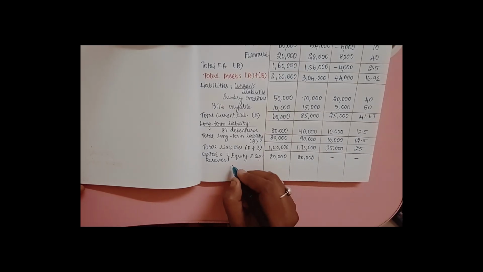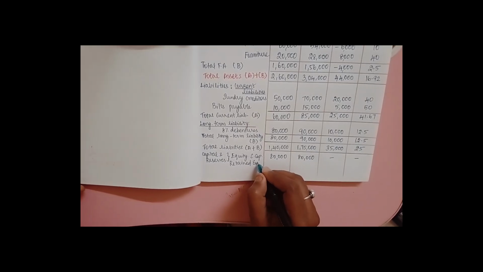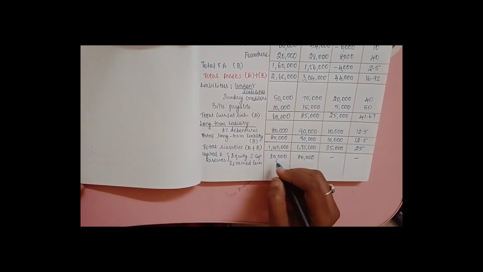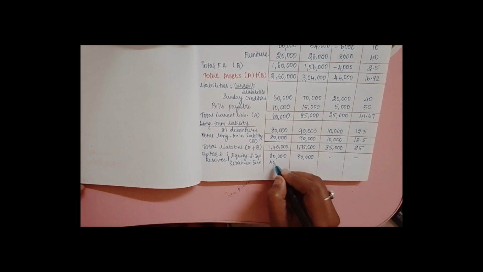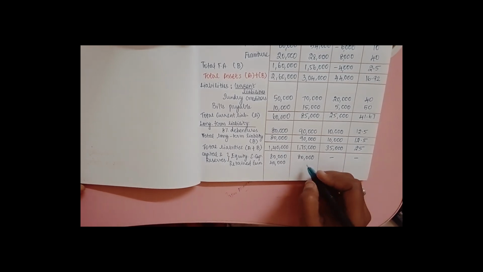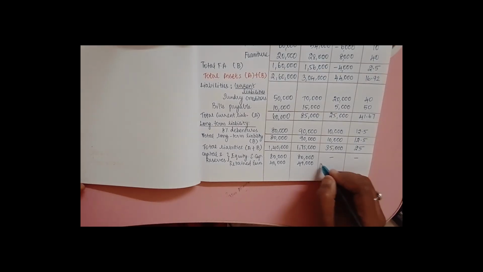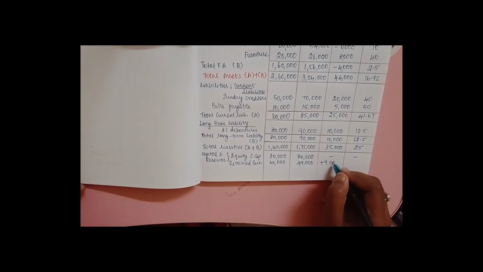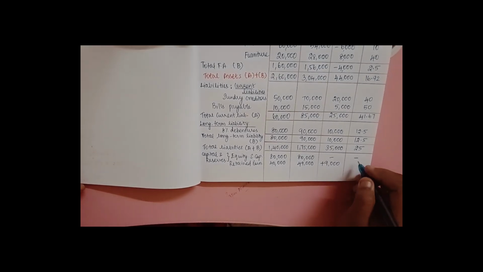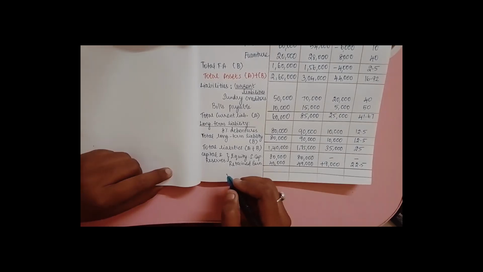The next one is retained earnings, which is 40,000 and 49,000 in this year. So there is an increase of 9,000, which is 22.5%.